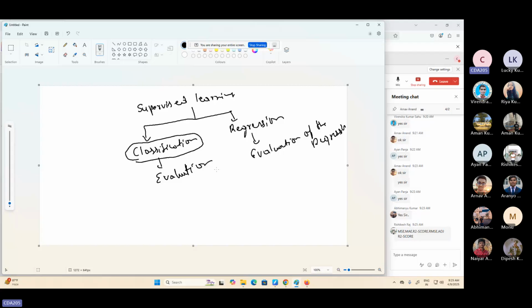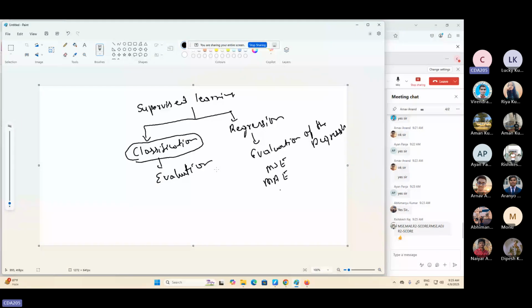That is MSE, MAE, R2 score, RMSE, adjusted R2 score. So these are the evaluation metrics for regression.